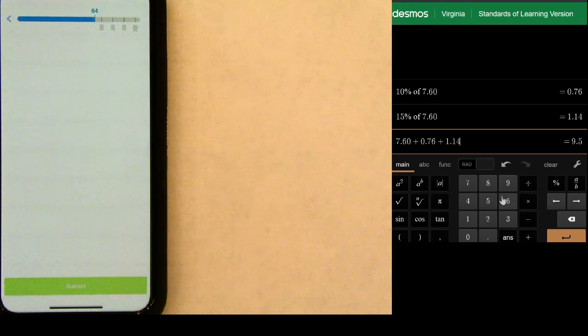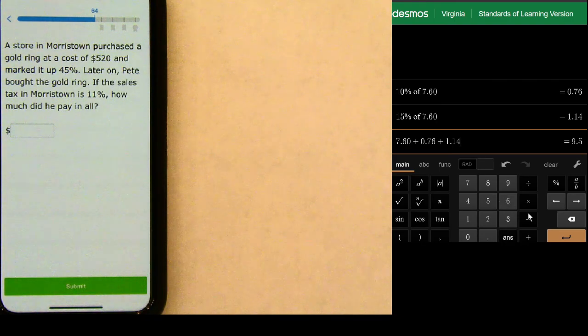All right. Moving on, it says a store in Morristown purchased a gold ring at a cost of $520, and it was marked up 45%. Later on, Pete bought that gold ring. If the sales tax in Morristown is 11%, how much did he pay for it in all?